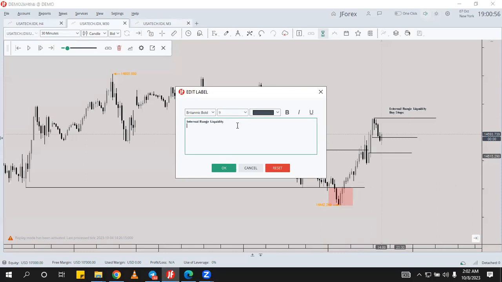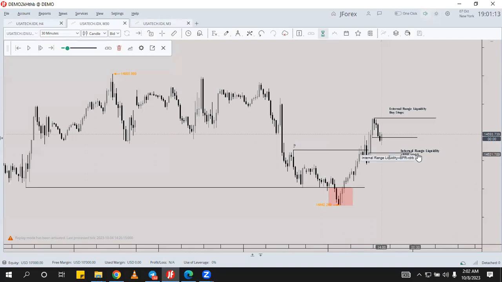And now the PD area we have is what we call a balanced price range right there. They redelivered, rebalanced, as you can all see there. So that is what we call internal range liquidity.